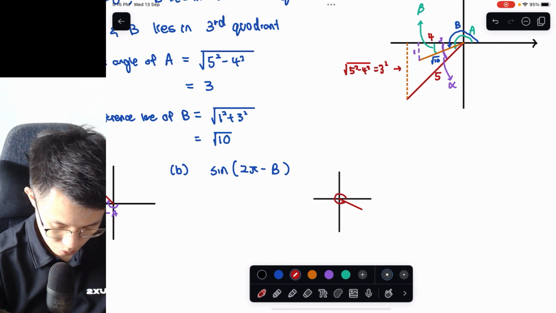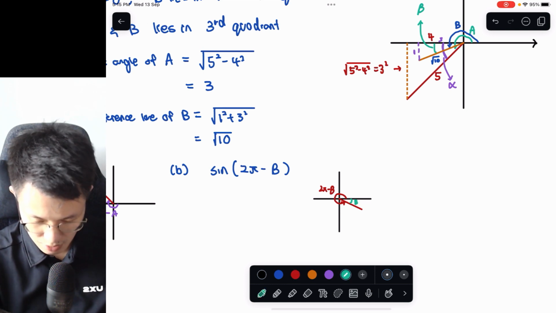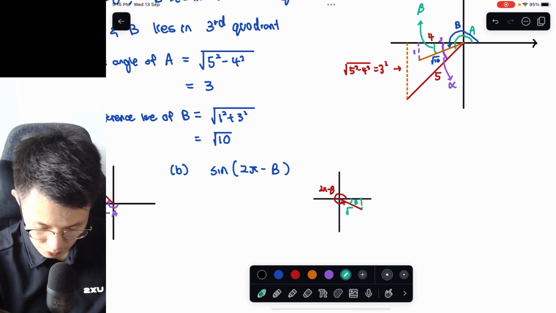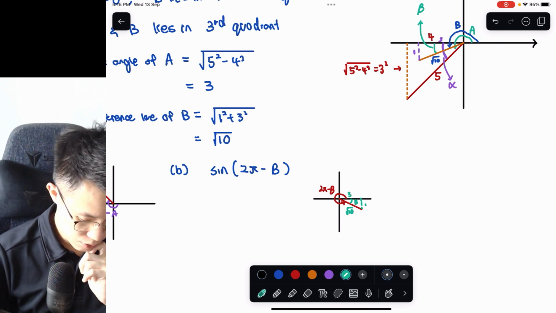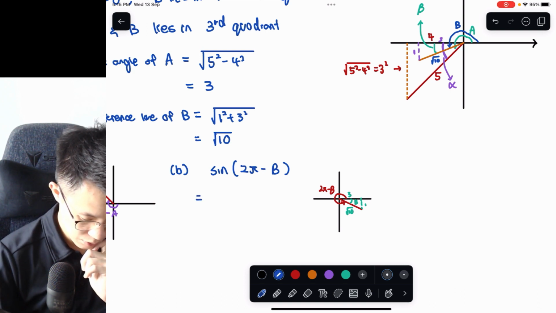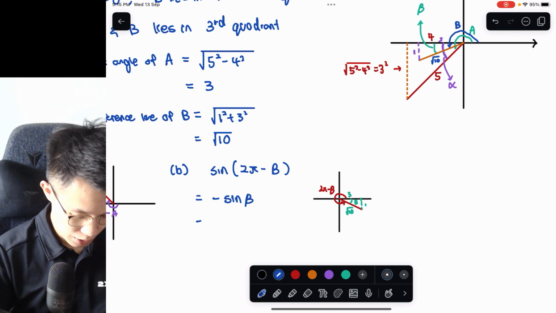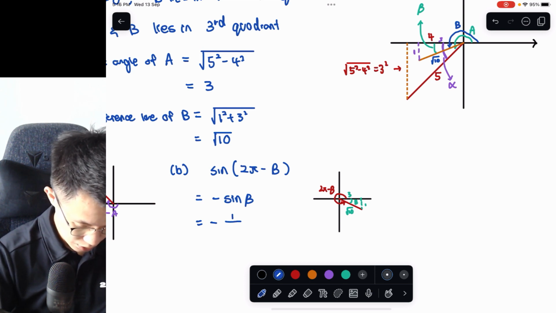So this is 2 pi minus B. Hence we have beta here, and since it's just a mirror image, we know that this length is square root 10. This is 1 and this is 3. So from here, we can straight away say that this will equal the negative of sine beta, because this lies in the fourth quadrant and hence this is negative. Sine is opposite over hypotenuse, so it's negative 1 over square root 10.